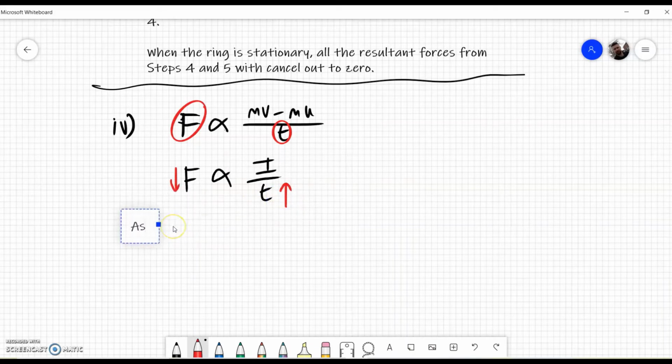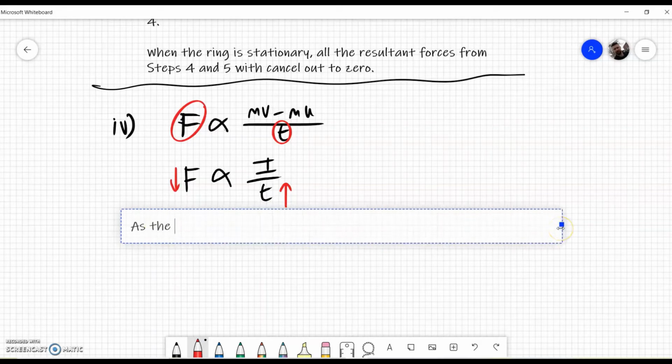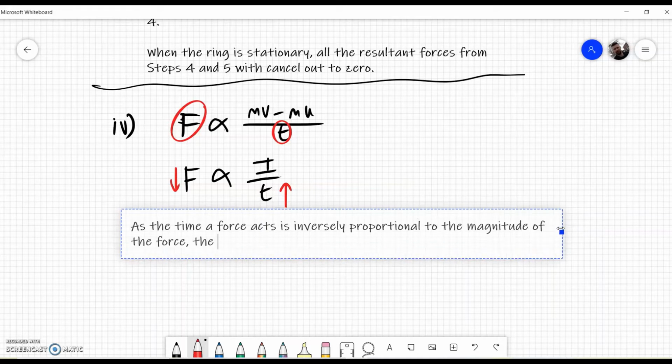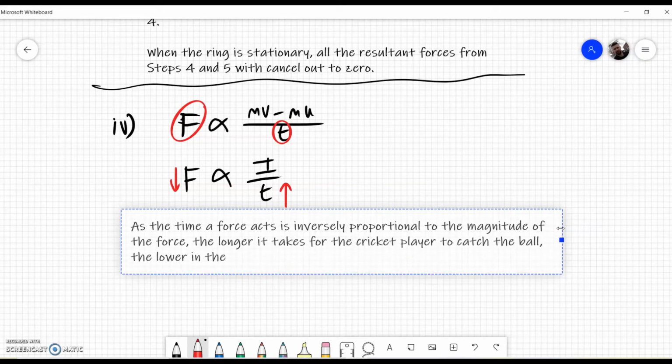Okay, so as the time of force acts is inversely proportional to the magnitude of the force, the longer it takes for the player to catch the ball, the lower in magnitude the force on their hands will be.